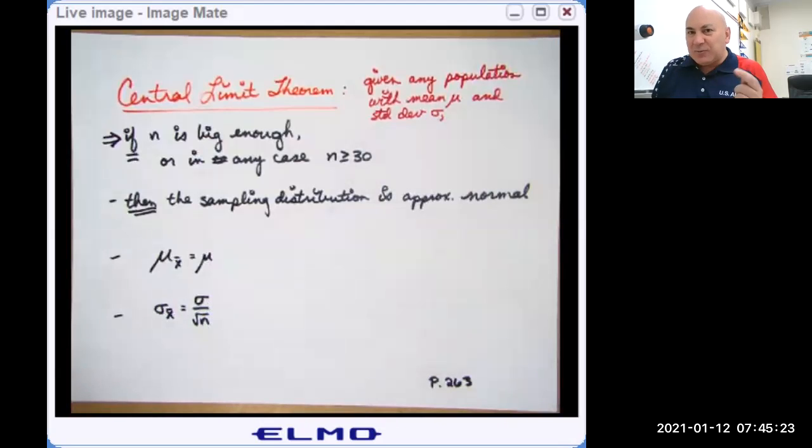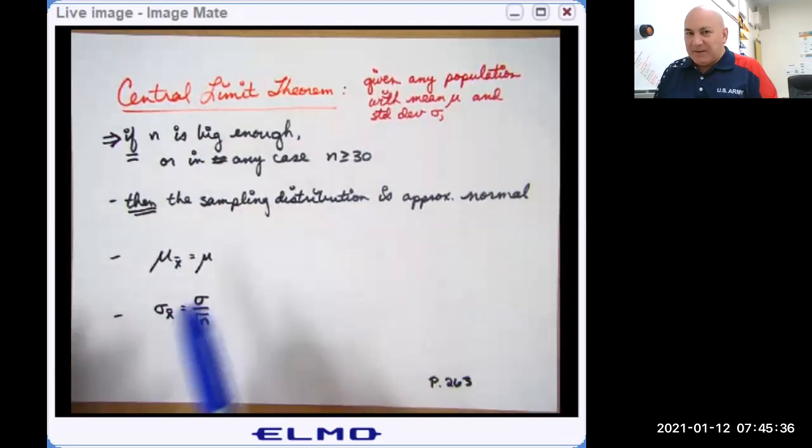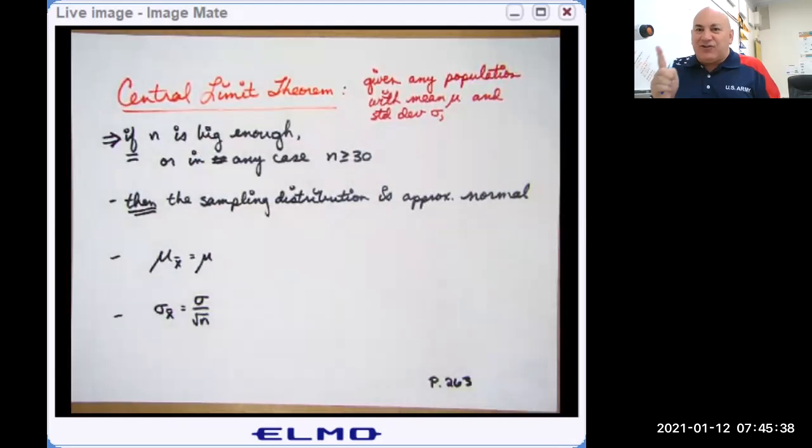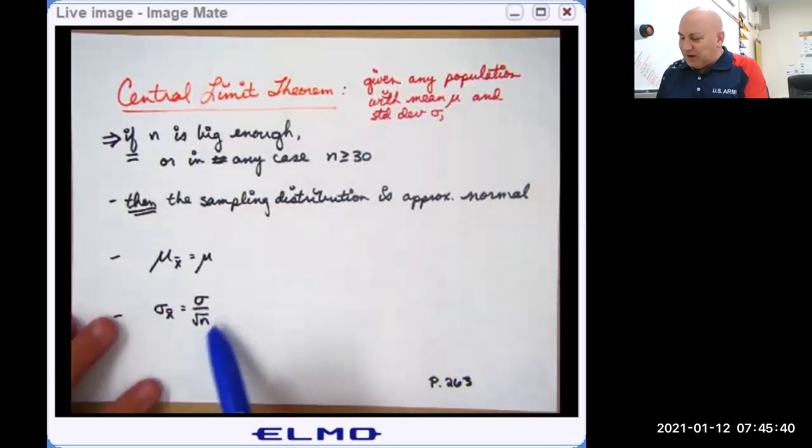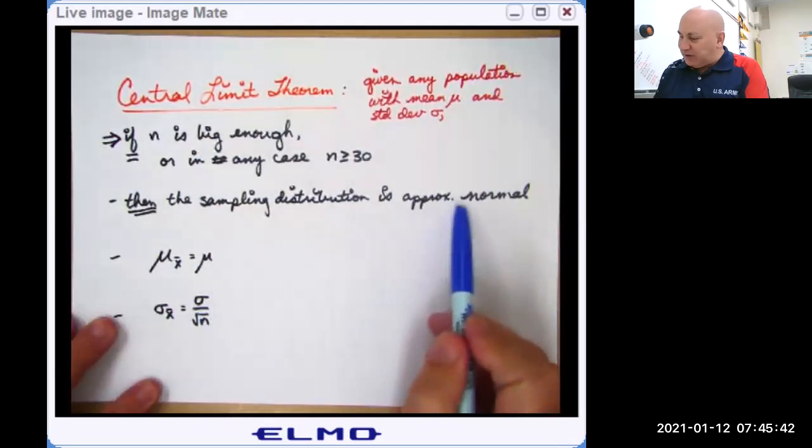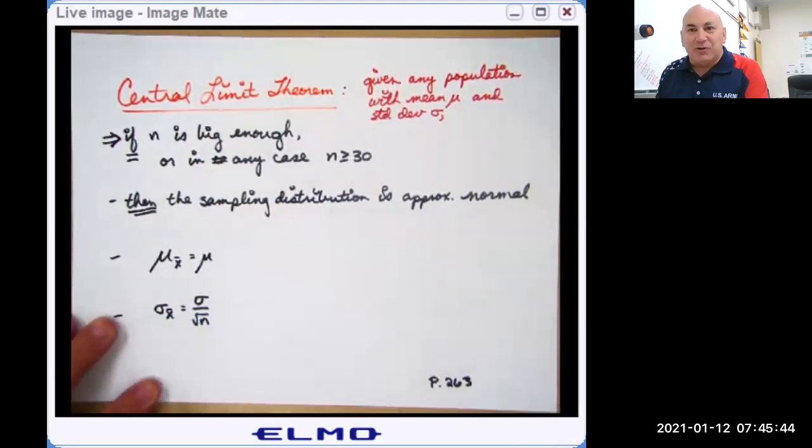What that means, and it goes back to what I said a little earlier, the bigger and bigger n gets, you remember when I compared the sample size of 20 to the sample size of 3? The bigger n gets, the less variation you have in those x bars, and your normally distributed sampling distribution gets skinnier and skinnier, and of course taller.